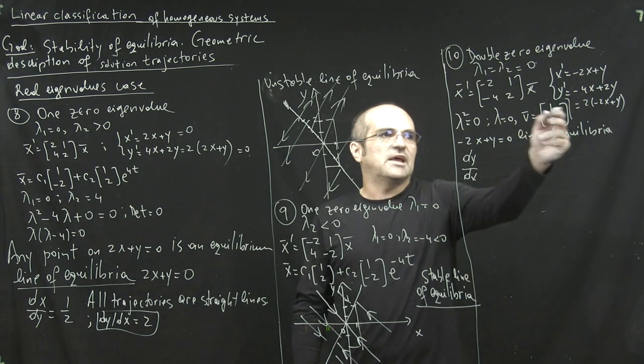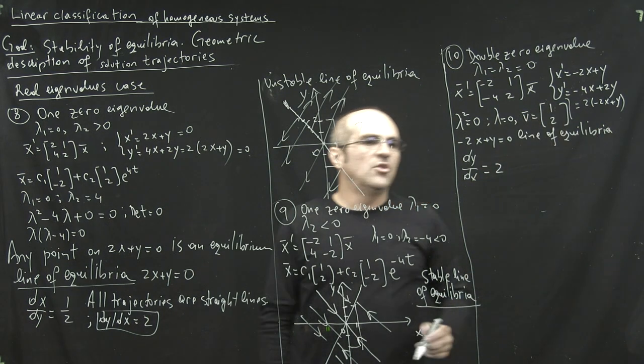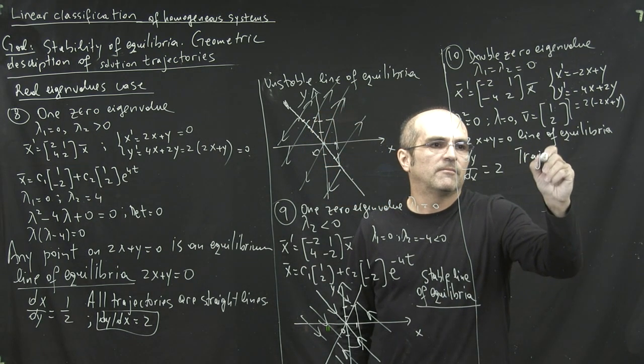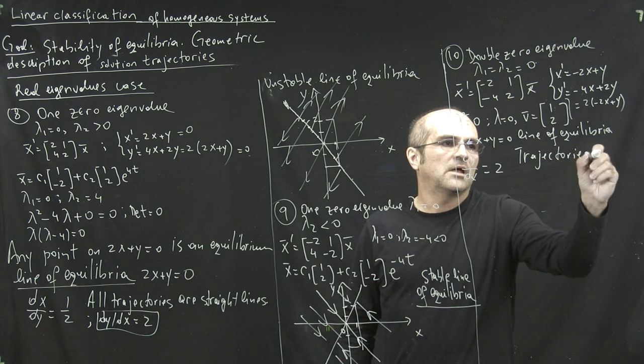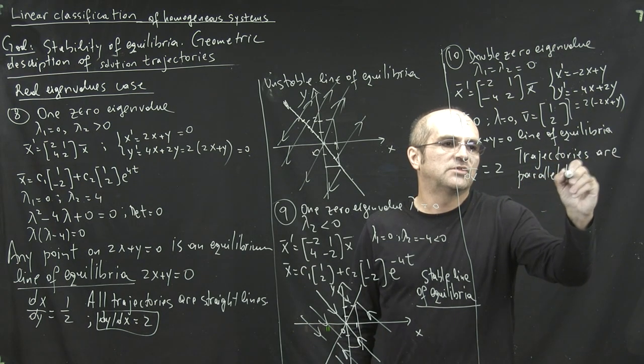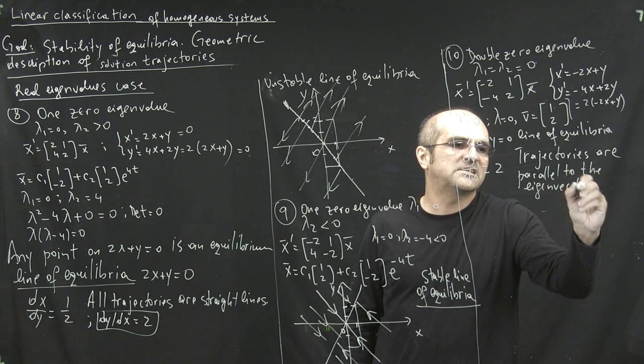So dy over dx is 2. And notice that that means these trajectories are parallel to the eigenvector. This is what's different, right?